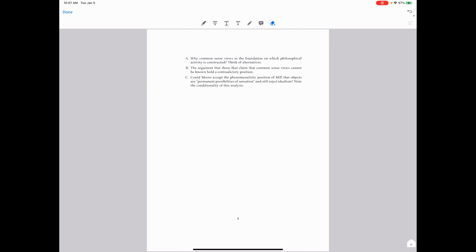Finally, could Moore accept the phenomenalistic position of Mill that objects are the permanent possibilities of sensation and still reject idealism? Remember, Mill claims that we can analyze material object statements in terms of statements about the permanent possibilities of sensation, and statements about the permanent possibilities of sensation are conditionals of a certain sort.